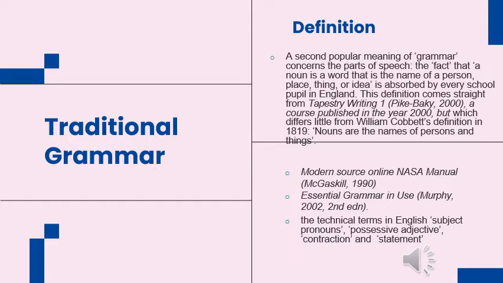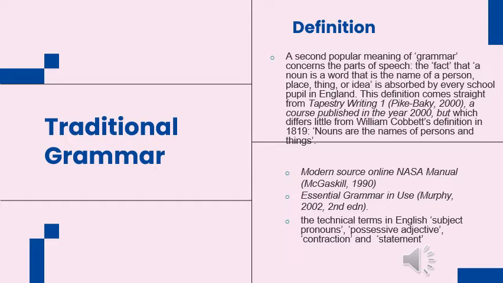So there are some sources for these. A modern useful source is the online NASA manual, MacGaskill 1990. It provides sensible practical advice in largely traditional terms. For example, the subject and verb should be the most important elements of a sentence.